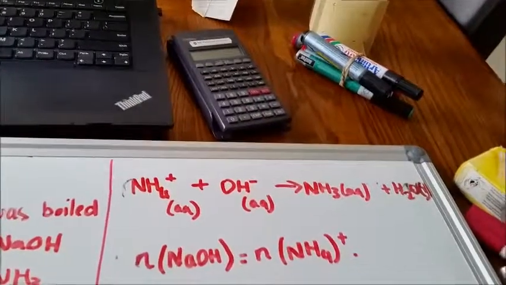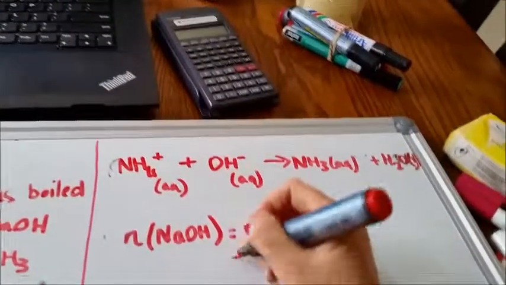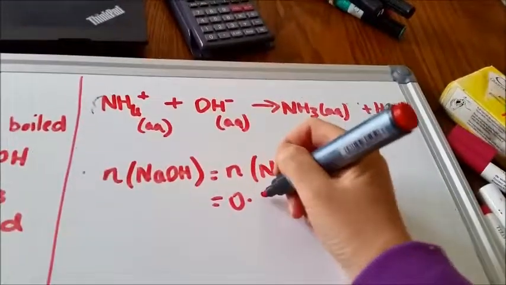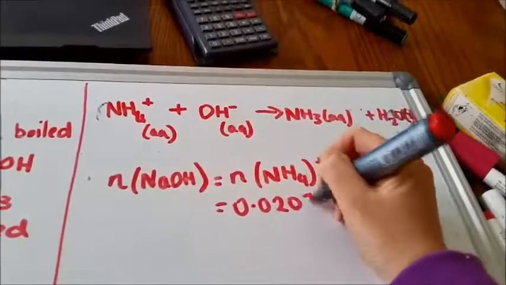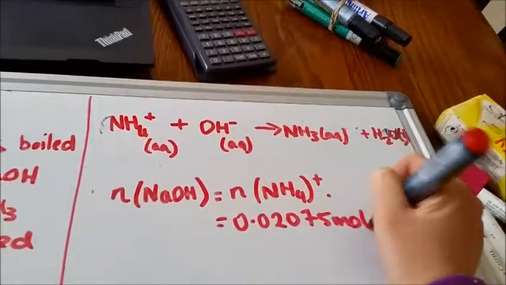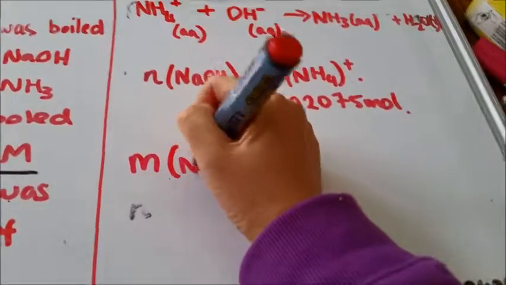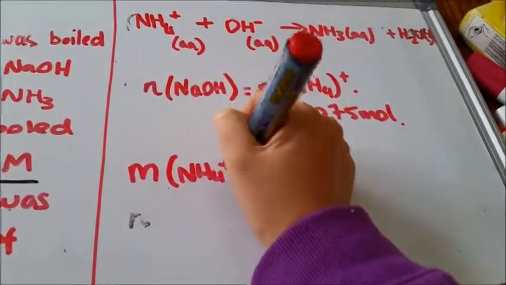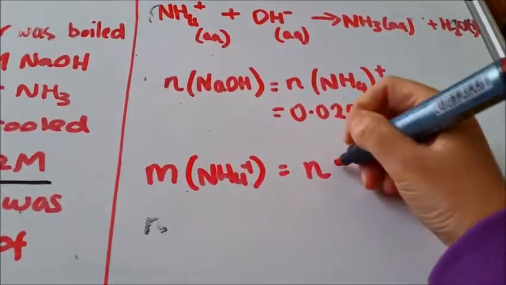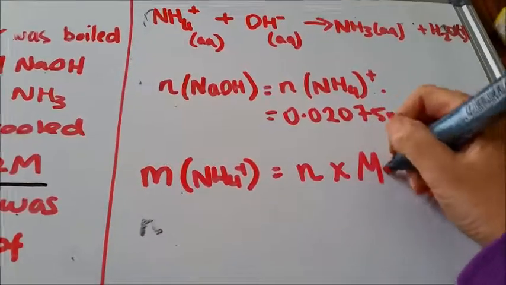Now, our ultimate goal is to figure out our total mass of our NH4+ or our ammonium ions. So, of course, then we just go back to our basic stoichiometry, and our mass of NH4+ is going to be equal to our n multiplied by our molar mass.